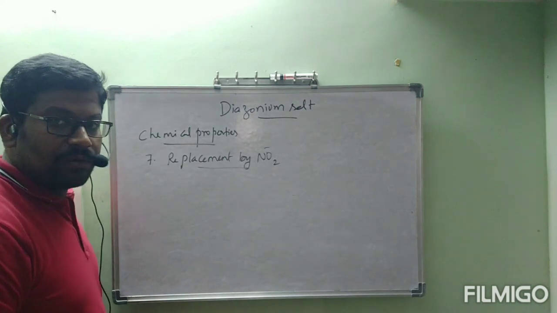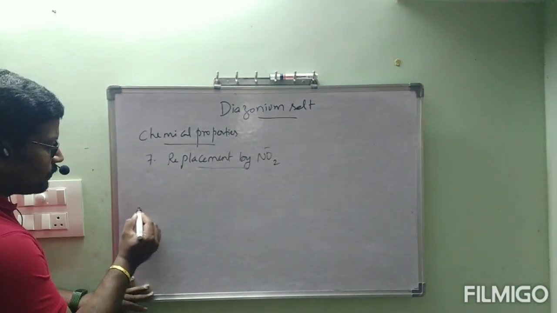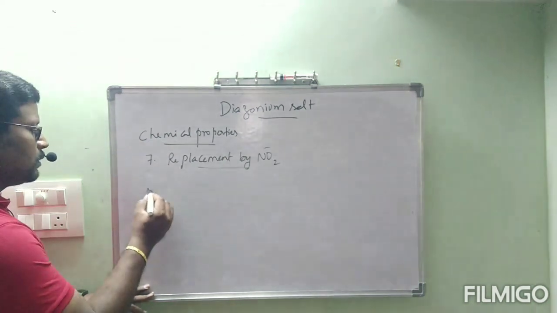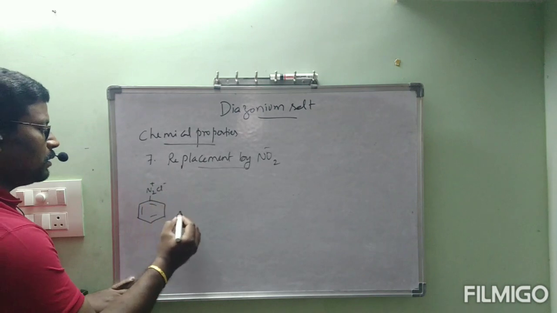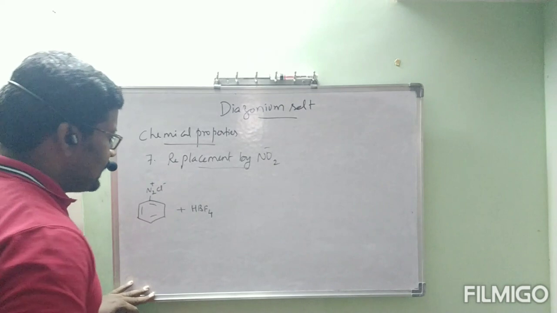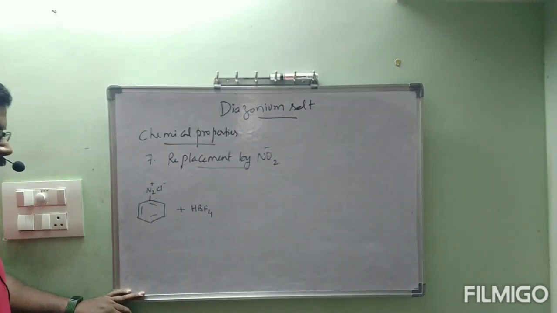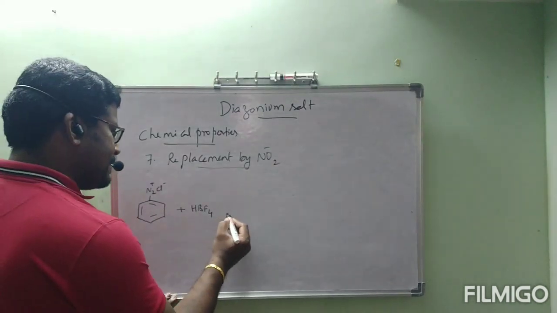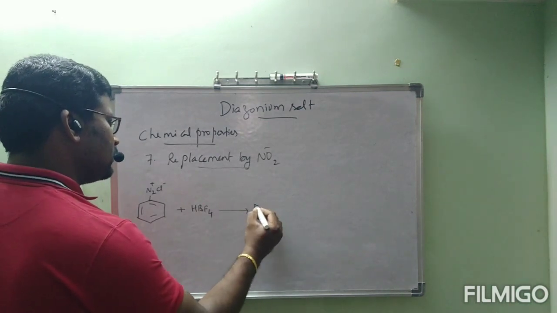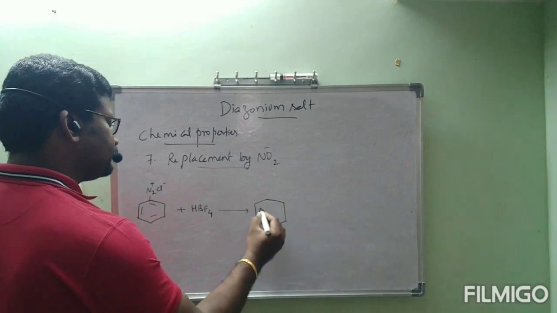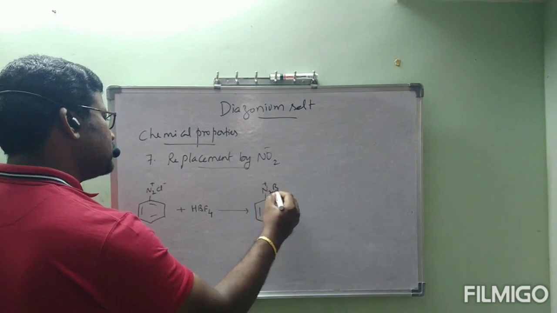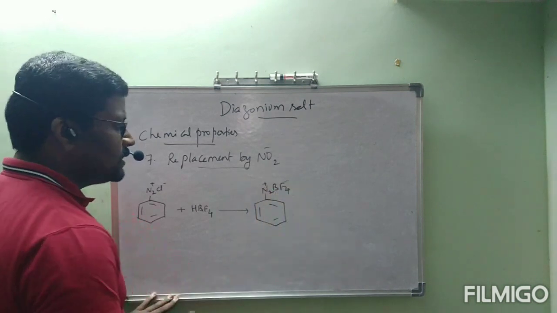See, first benzene diazonium chloride reacts with HBF4 to form N2 plus BF4 minus.